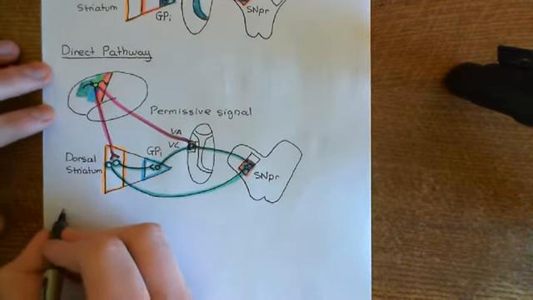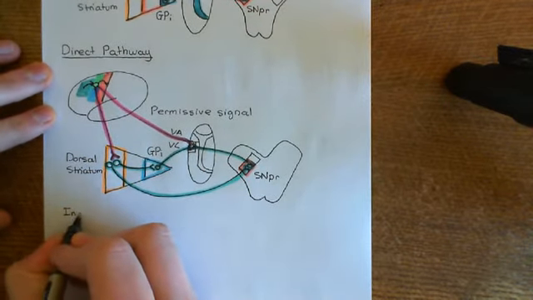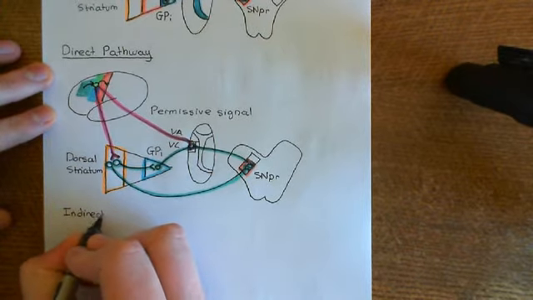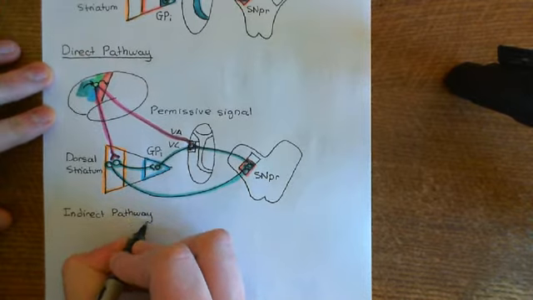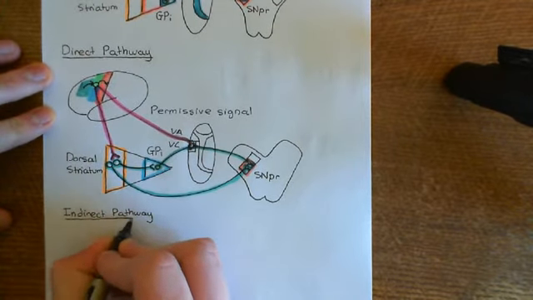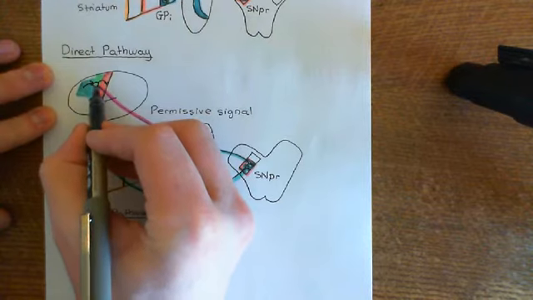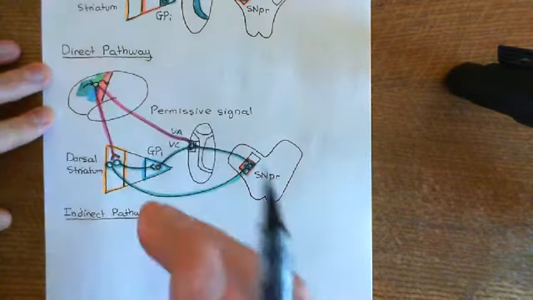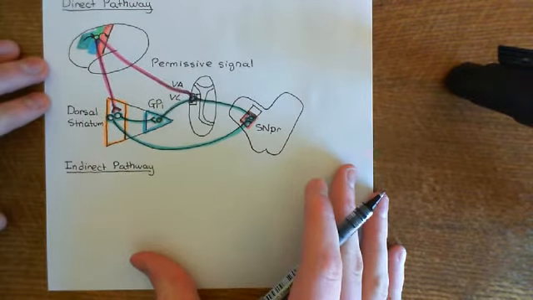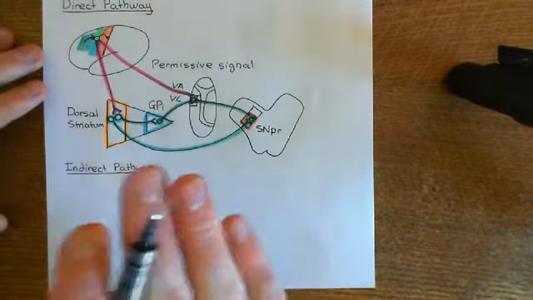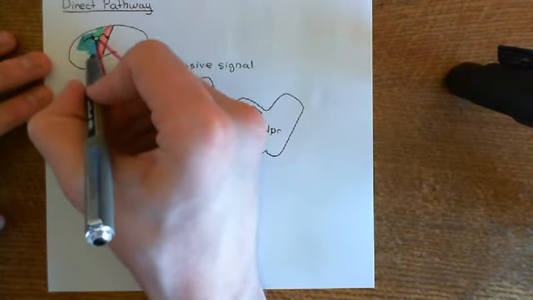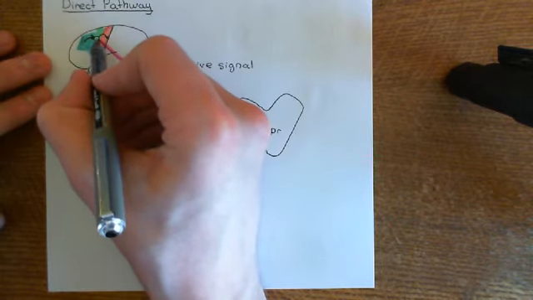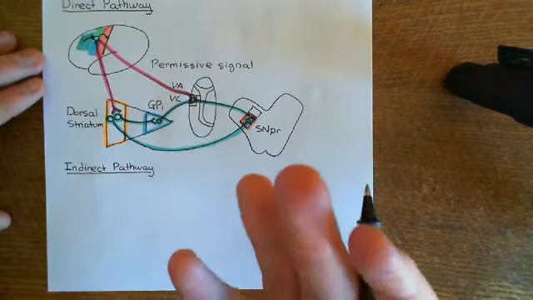Okay, now what I want to show you is the indirect pathway, which is also going to be activated at the same time. Now whilst the direct pathway is about activating the permissive signal to the specific portion of secondary motor cortex with the motor plan that needs to be initiated, the indirect pathway is about making sure that you absolutely do not give permission to other areas of the secondary motor cortex, which have junk motor plans that you don't want to initiate.